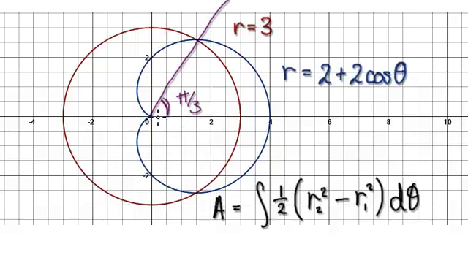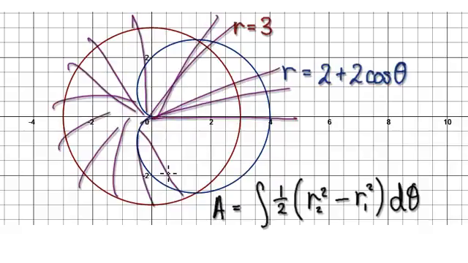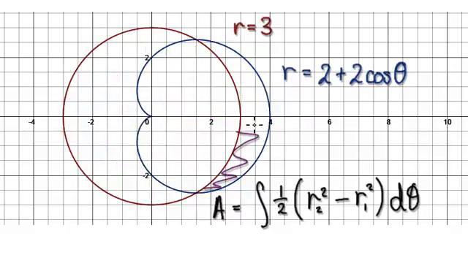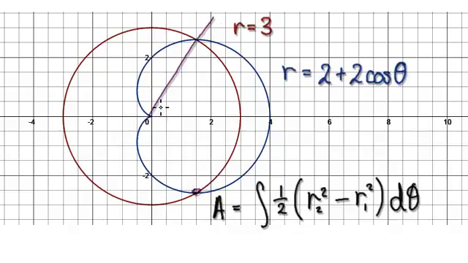To work out this area here, remember that theta always moves in an anti-clockwise direction, but we want this bit here, so we would need to integrate from the angle here. Rather than working all the way around, if this angle here is pi over 3, then this angle here must be negative pi over 3.